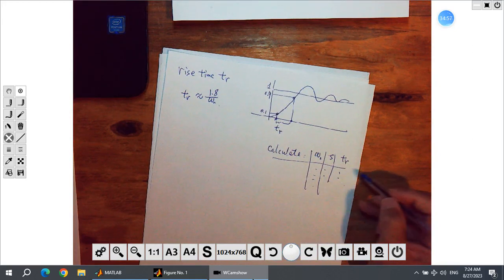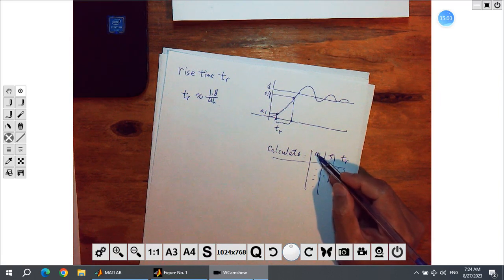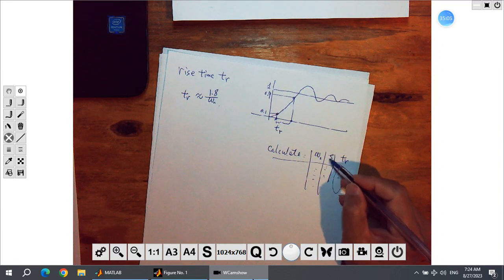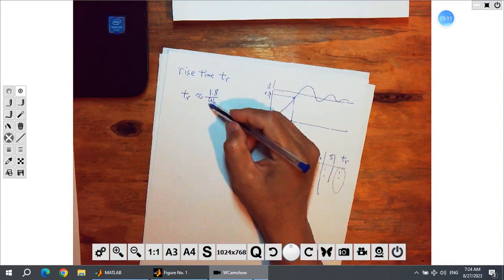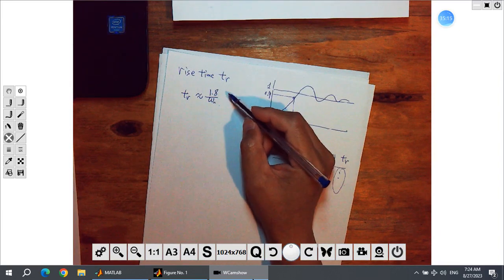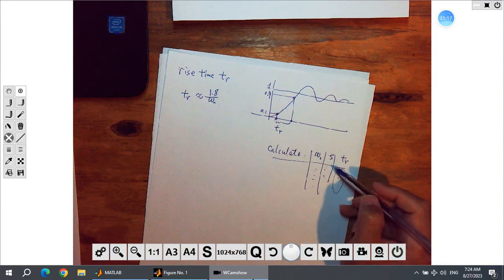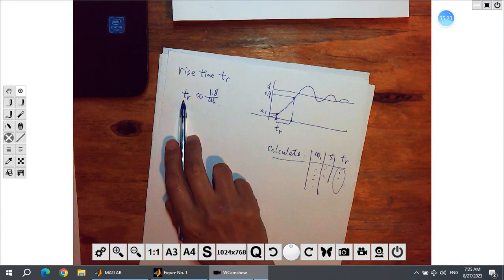That means this rising time, when zeta is changing and you keep omega n fixed, is almost the same, it changes a little bit. So the final answer here, you only need omega n. And when omega n is large, this TR will be small.